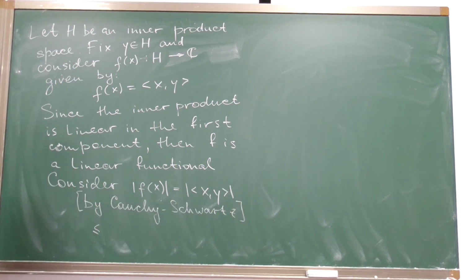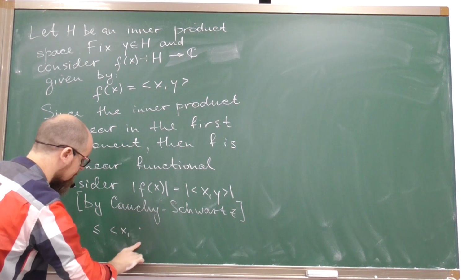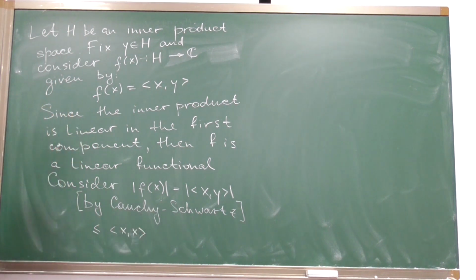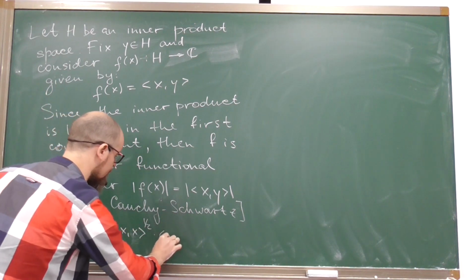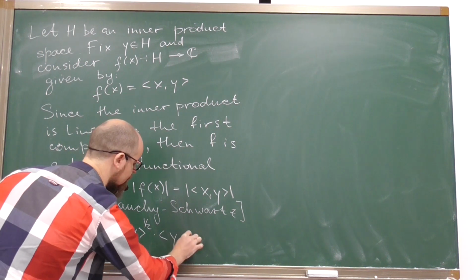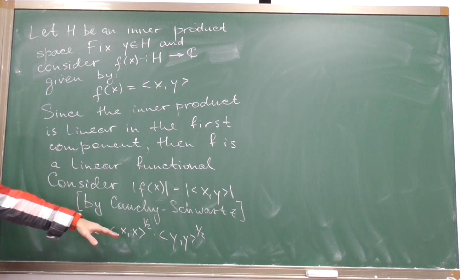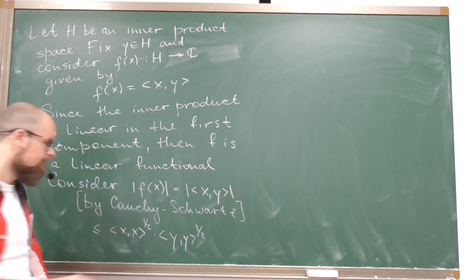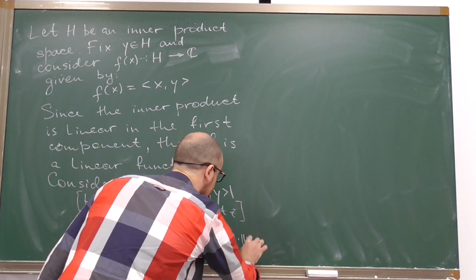We estimate this as the inner product of x and x raised to the power 1/2, and the inner product of y and y raised to the power 1/2. What can we say about the first term? What is it? Norm of x. And the second one is the norm of y.